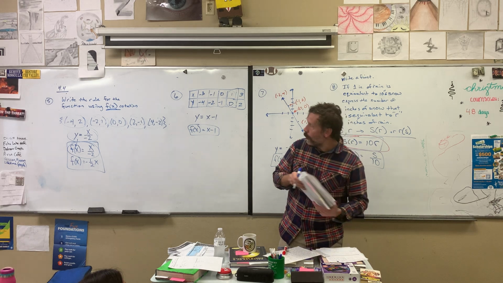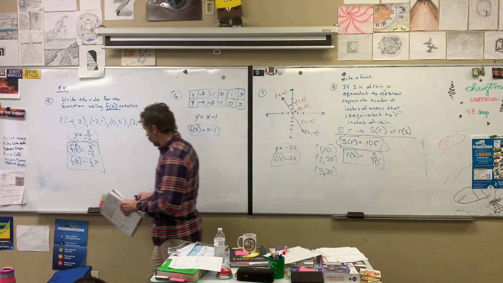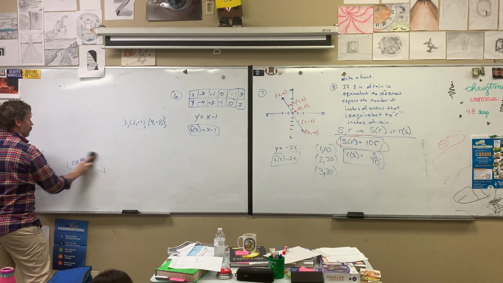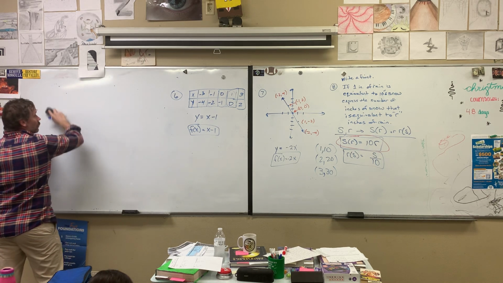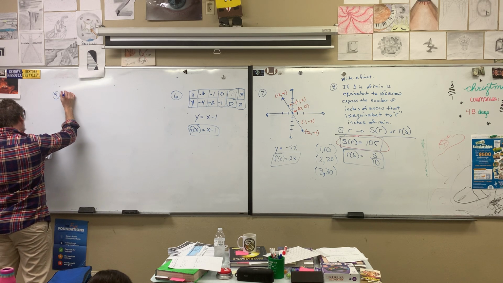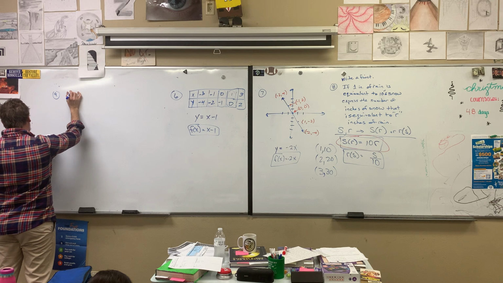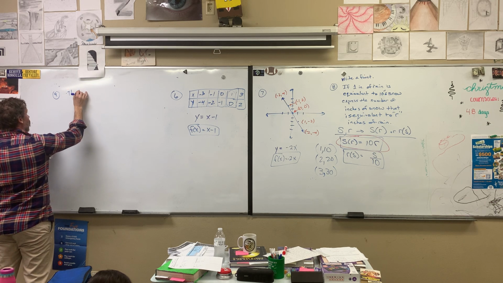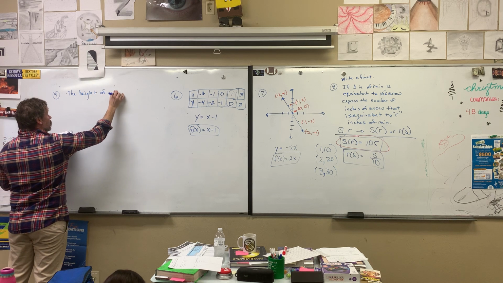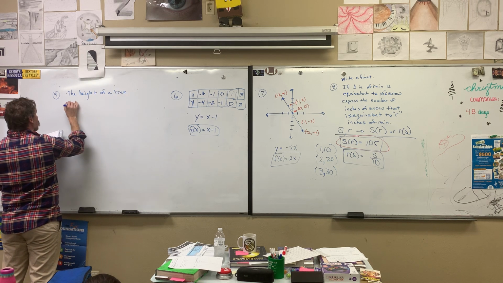I want to do one more, and then we're done, and we'll have 15 minutes to work here, okay? So one more, and that is number 9 here, our 9th example. It says, write a function, then evaluate the given variable. So the height of a tree in yards.